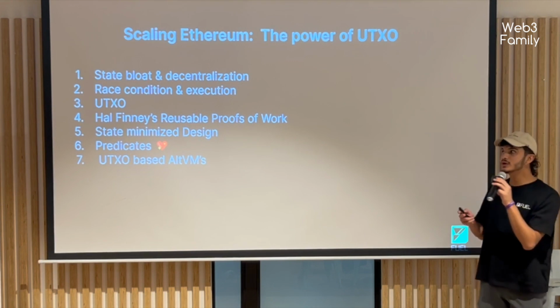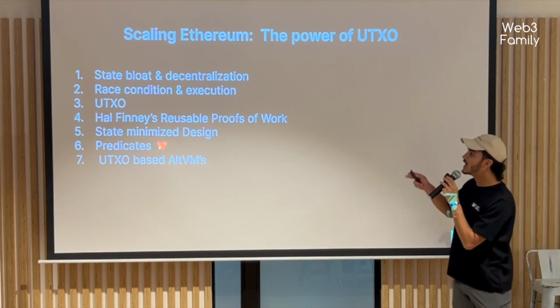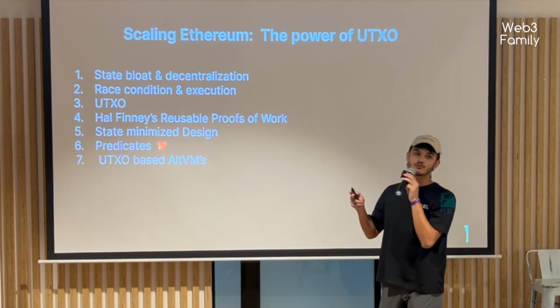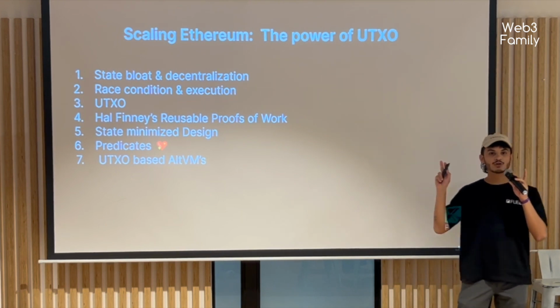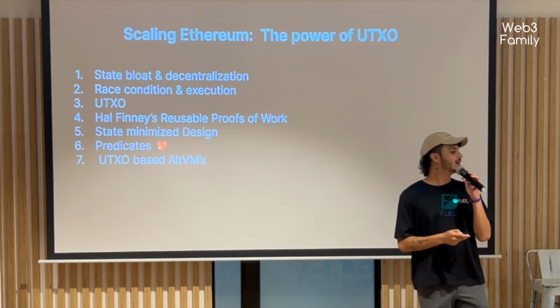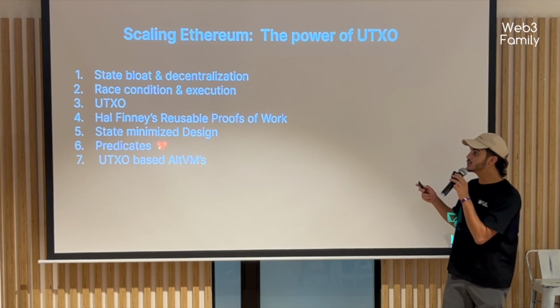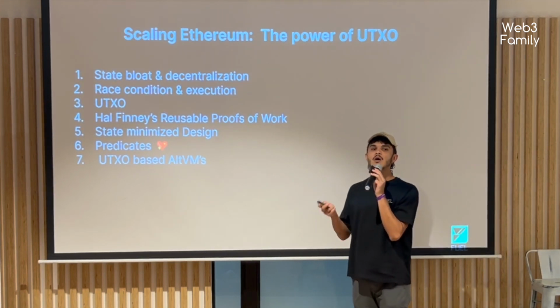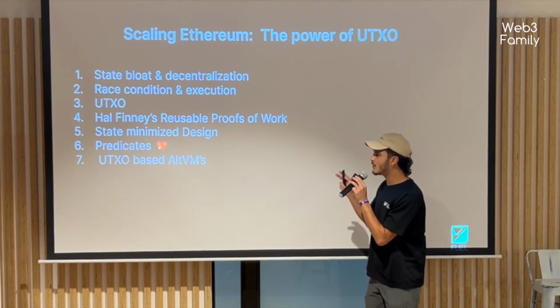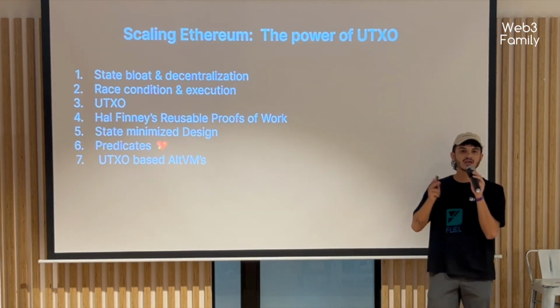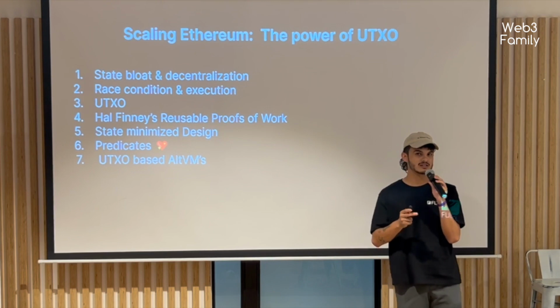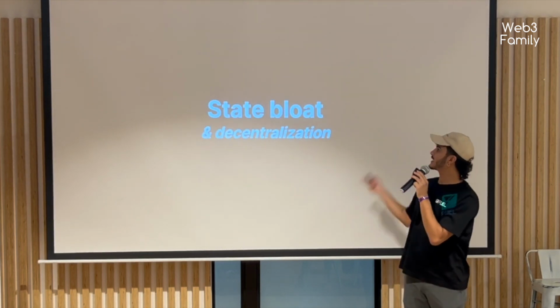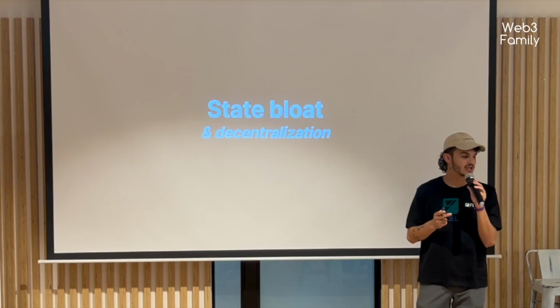We are having a quick review of Hal Finney's reusable proof of work, which is like solving the double spending problem and so on. We are having a quick view of the state-minimized design. We are introducing predicates. And we are doing a quick overview of other alt VMs working with UTXOs in the space. So, state bloat and decentralization.